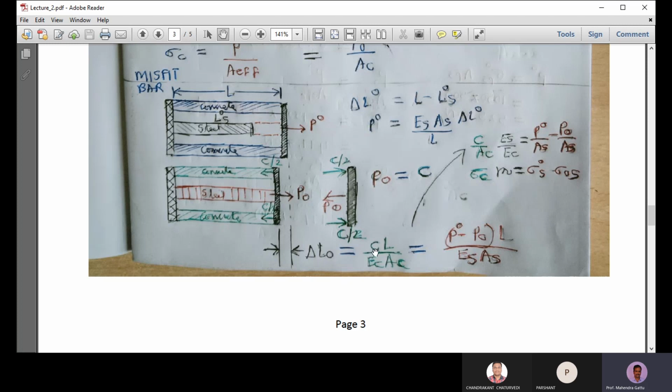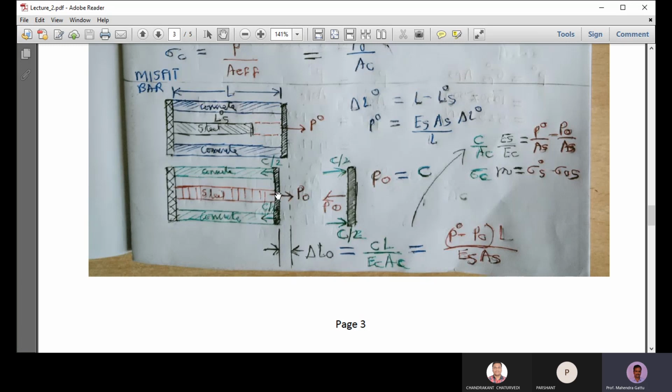So we get delta L naught is CL by EA for concrete, and that is equal to P superscript naught minus P subscript naught, into L by EA for steel. That is the net shrinking which is happening.